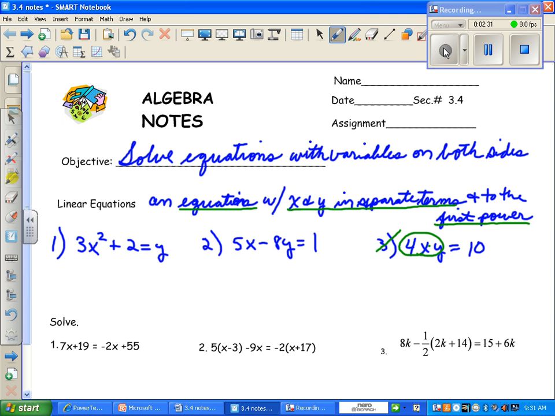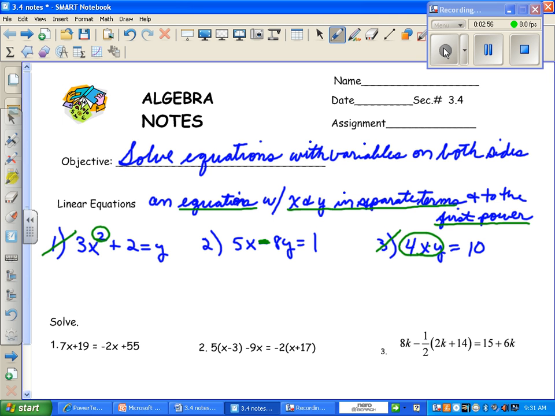Then we'll go to the third part of your definition. The criteria is that x and y should be to the first power. So in the first equation, x is squared. So because x is squared, this equation will not be linear. So equation number 2 satisfies all three parts of the definition. It is an equation. X and y are in separate terms.